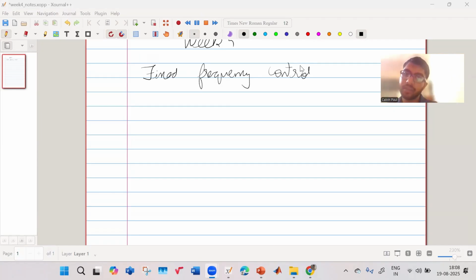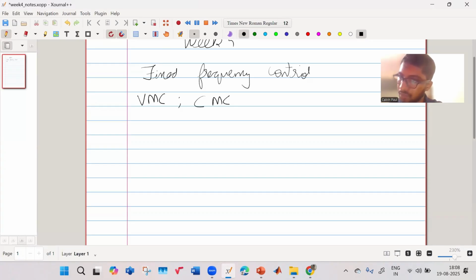But in fixed frequency also two techniques are there, right? Pulse width modulation. One is voltage mode control, and one is current mode control. These are the two main control techniques which we have.